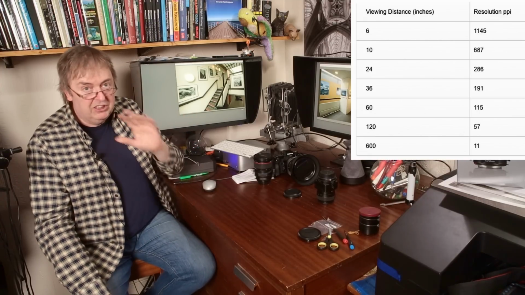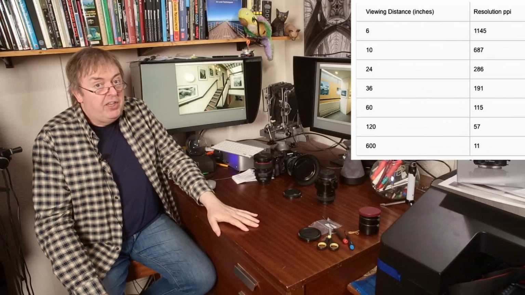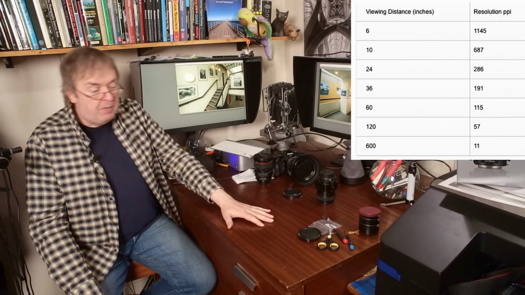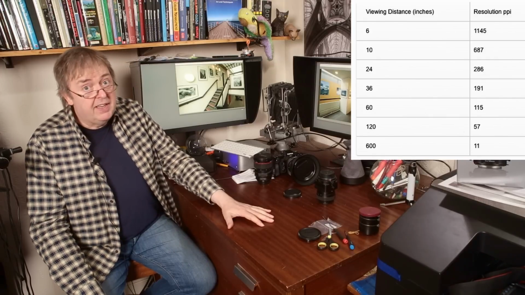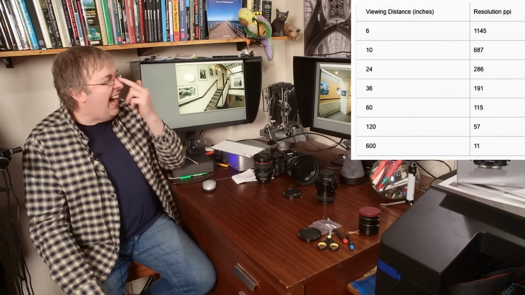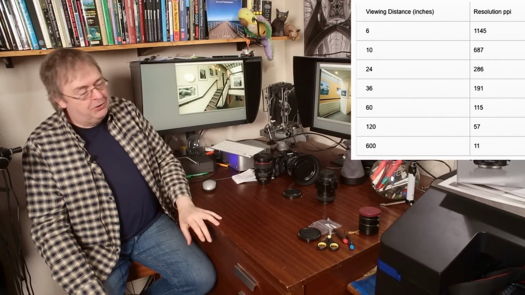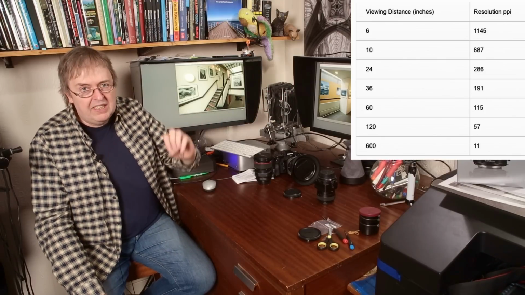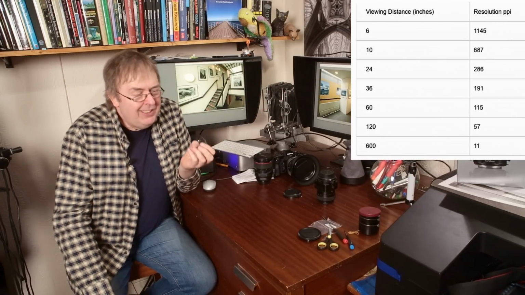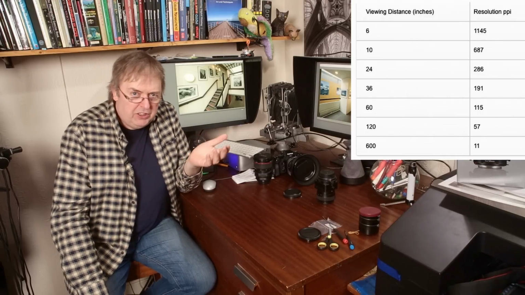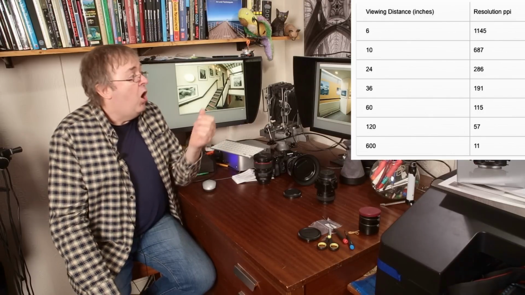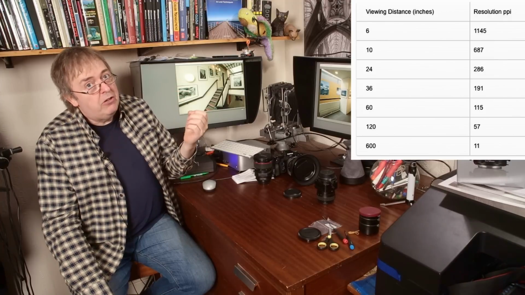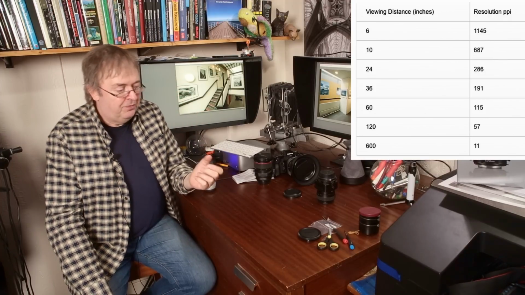Make allowances for your eyesight, but do remember other people have worse, better, different eyesight. So at 6 inches viewing distance, and this is in good light, so real resolutions of people may be lower, we have an effective resolution of over 1,000 pixels per inch.